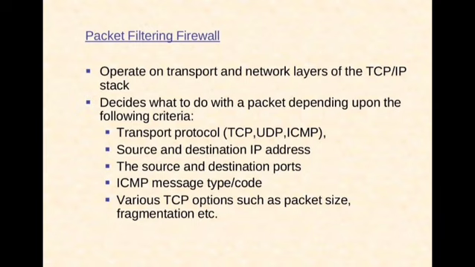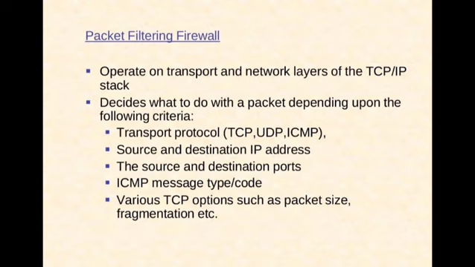These criteria include the transport protocol used, such as TCP, UDP, or ICMP, the source and destination IP address, the source and destination port for TCP/UDP traffic, the message type and code for ICMP traffic, and finally various TCP options such as packet size or fragmentation flags. By analyzing this information, packet filtering firewalls help enforce security policies and prevent unauthorized access, though they typically don't inspect the actual payload of the data.